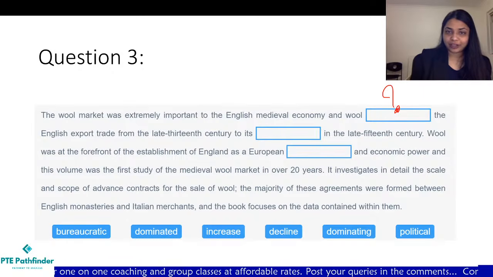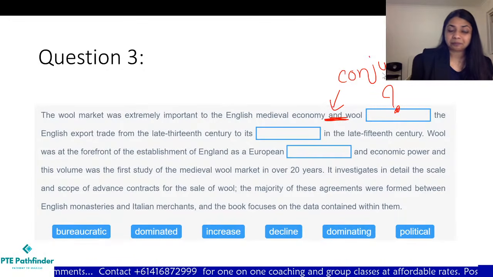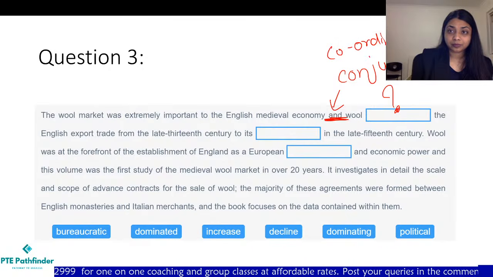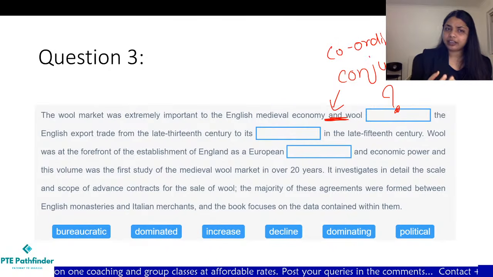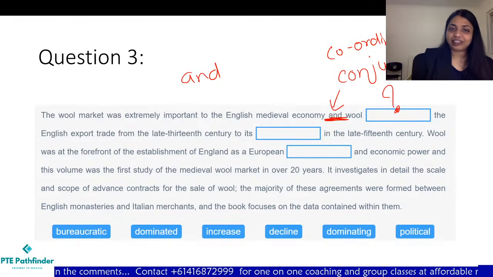So if you look at the meaning of the sentence and its structure, we have the word and. And is a conjunction. Basically it's a coordinating conjunction in here. And if you look at the purpose of and, it always connects two similar kinds of things together.